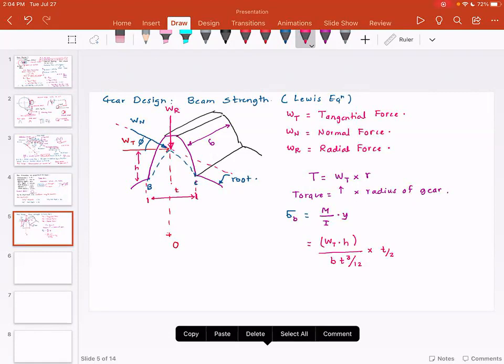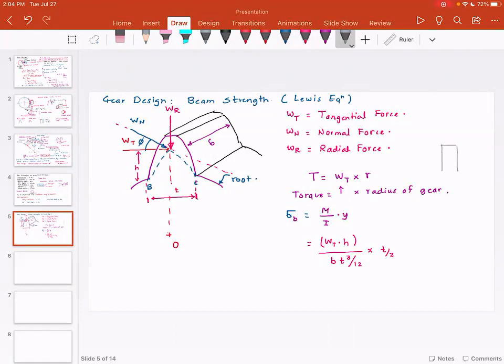Think about it like you have a beam, and it's a cantilever beam. On this cantilever beam, you have a force.